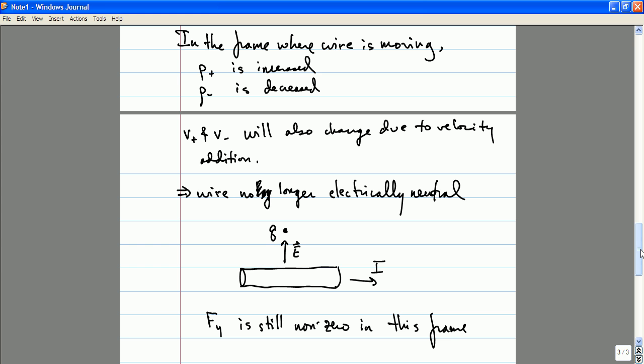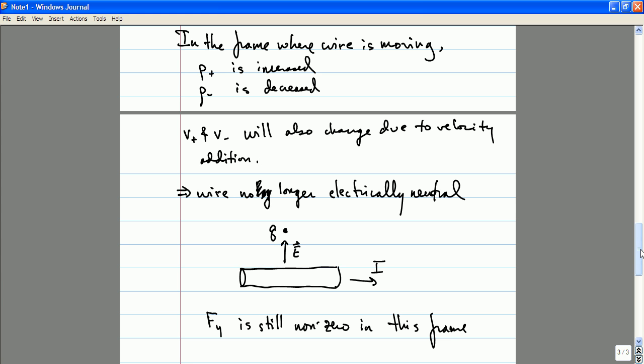Let me say it slightly differently. Let's imagine that instead of a single wire, we had two wires, one with positive electric charges and one with negative electric charges, right next to each other. I think that makes it a little clearer that in the frame where all of the electrons are at rest, the density in the electron wire will be different from the density in the proton wire.